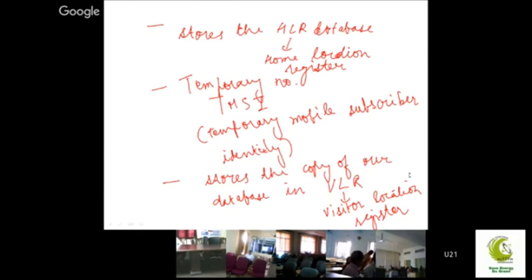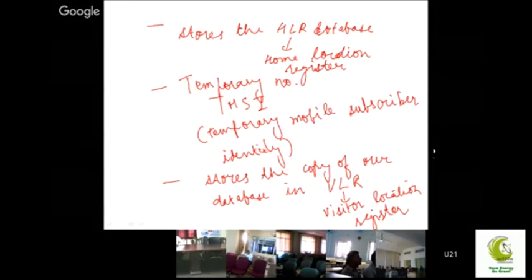The name itself indicates the place we are visiting, or whenever we are in a roaming situation. In that case, the copy of our database is kept. If I am moving from one state to another, suppose I am coming from Punjab to Gujarat, then my phone number will be allotted a TMSI, my SIM will be carrying it, and that TMSI will be carrying a copy of the original database from where I have come.